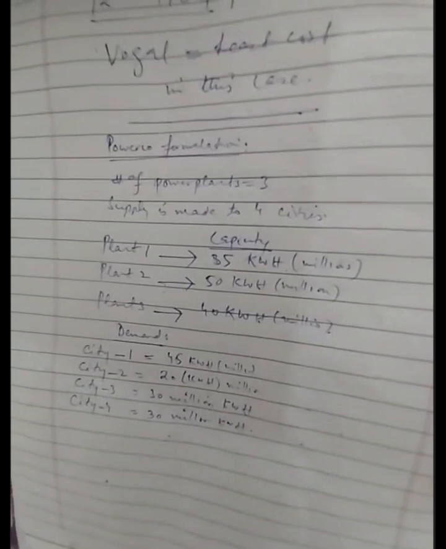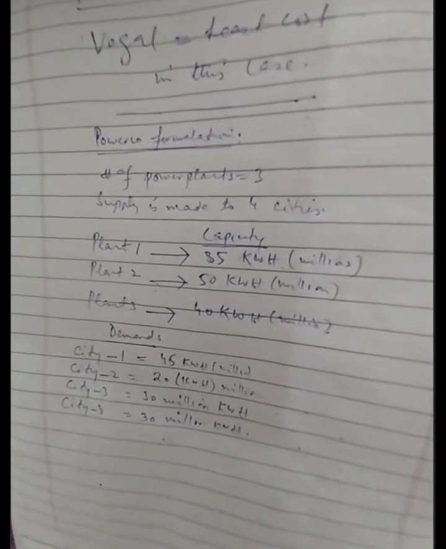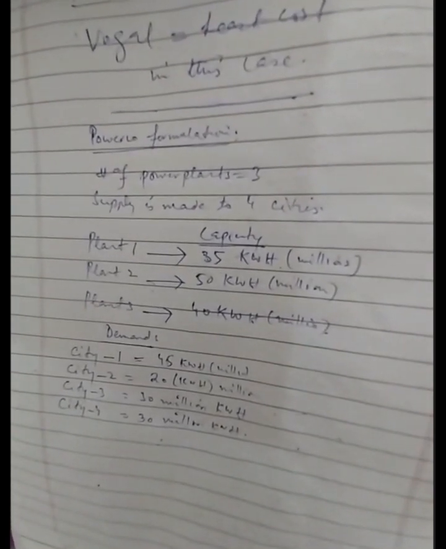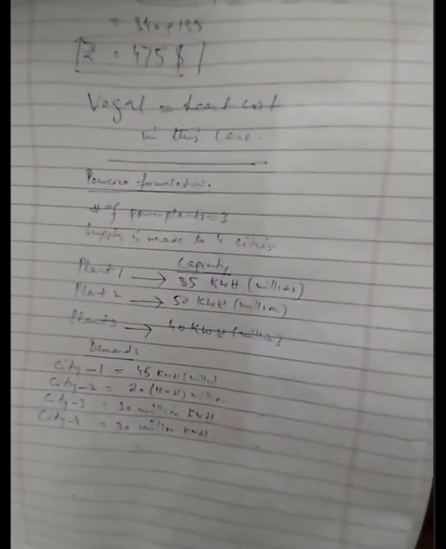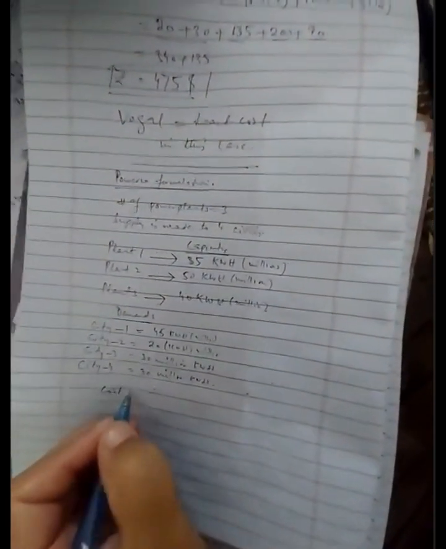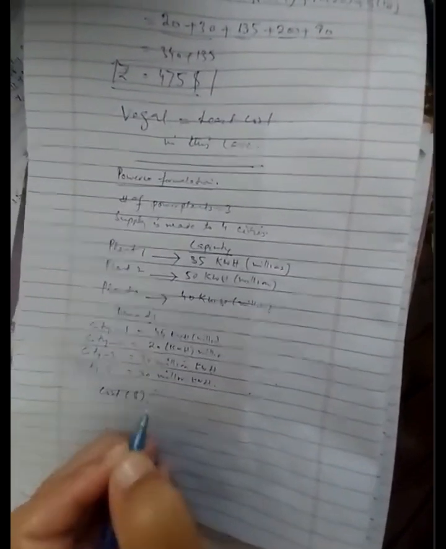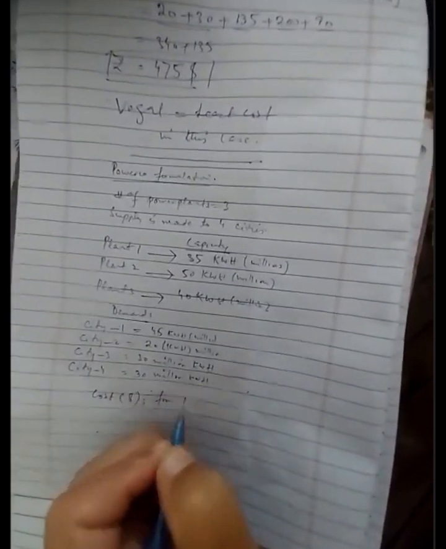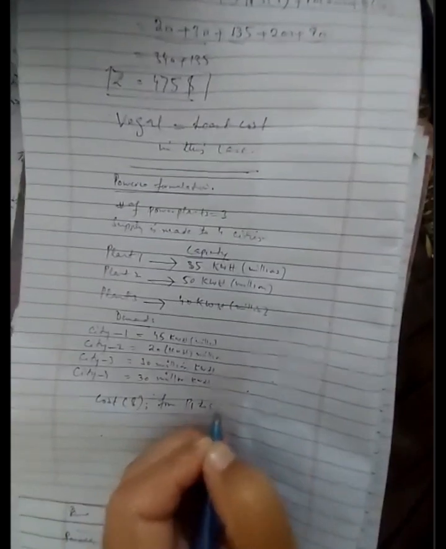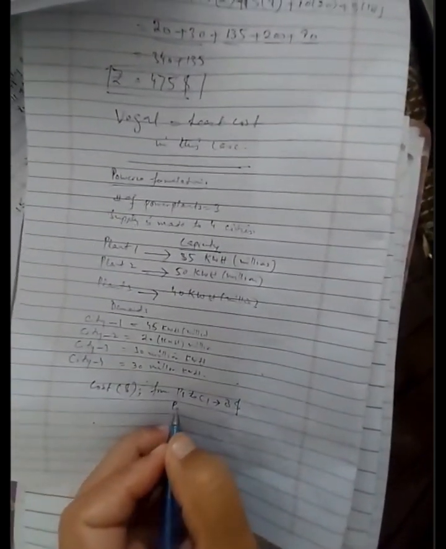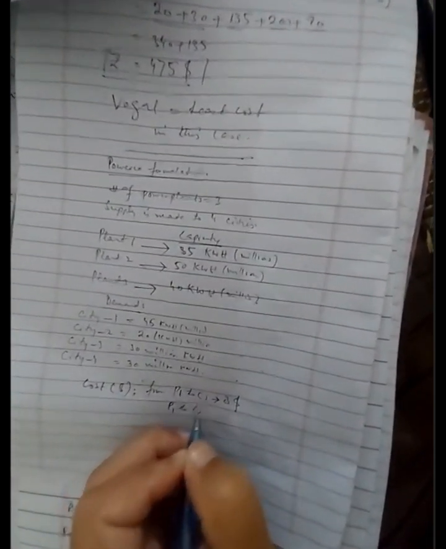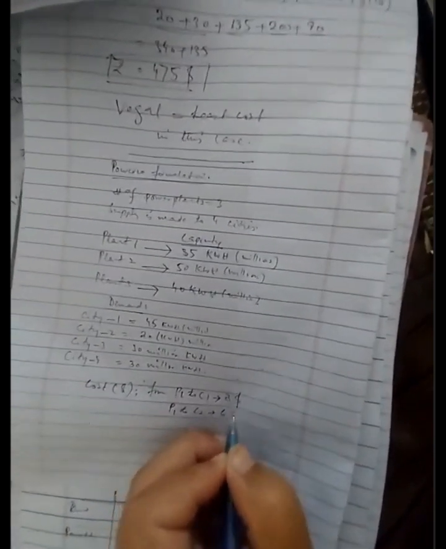Now the cost in dollars from plant 1 to city 1 is $8. From plant 1 to city 2 is $6.